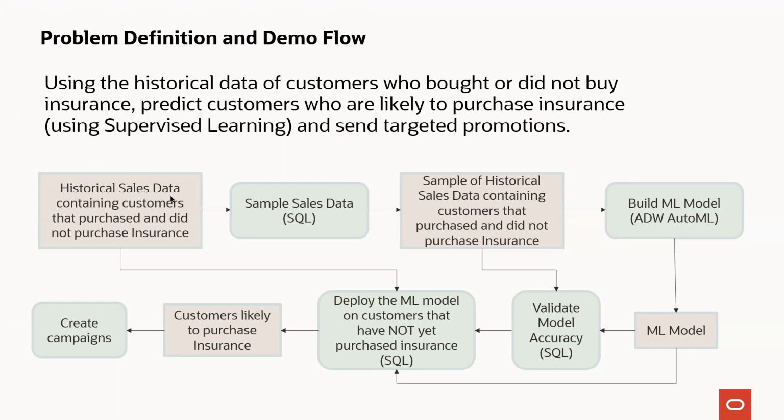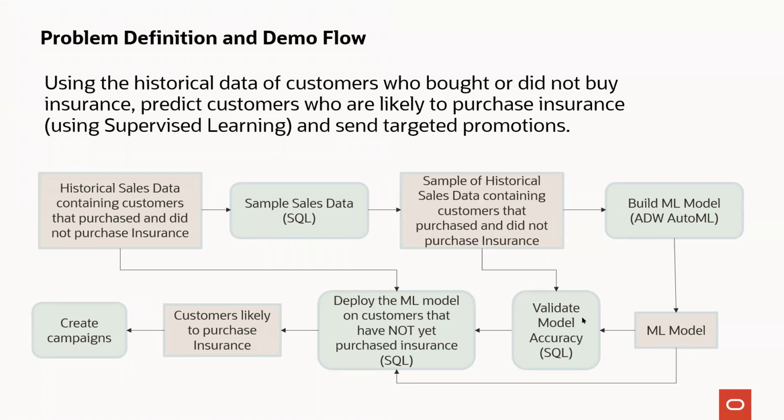So what we will do is, from this data, we are going to extract a subset of the data that contains both customers that purchased insurance and did not purchase. This may be millions of rows, but you're going to get a small subset. And from that, that's going to be used for creating an AutoML machine learning model.